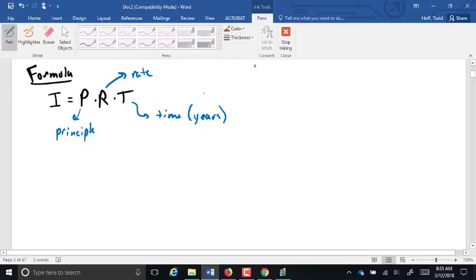So just an example of how this formula would work. If you invest $4,000 at 7% for 3 years.